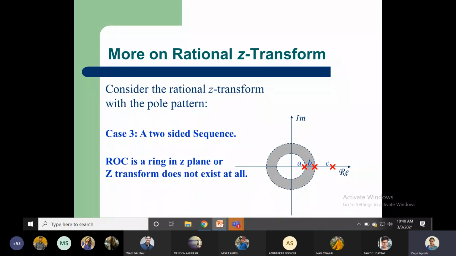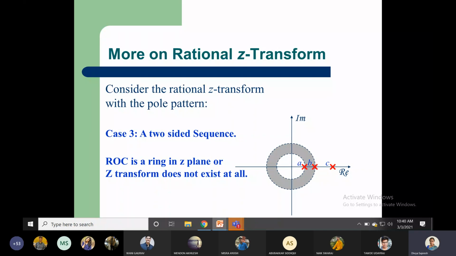If it happens that z is greater than B and z is less than A, then in that particular case no common region comes into the picture. Here the region came because z is less than B and z is greater than A, so you got that intersection region.